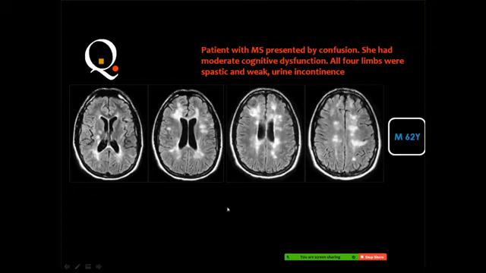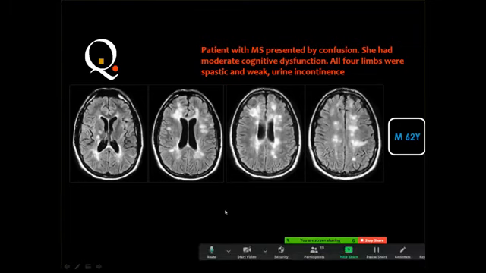Actually, some of your colleagues asked me to talk a little bit about MS. You know that MS can affect the patients at the usual age, which is between 20 and 40 years of age, and it may go with the patient up to the age of 50 or 60.